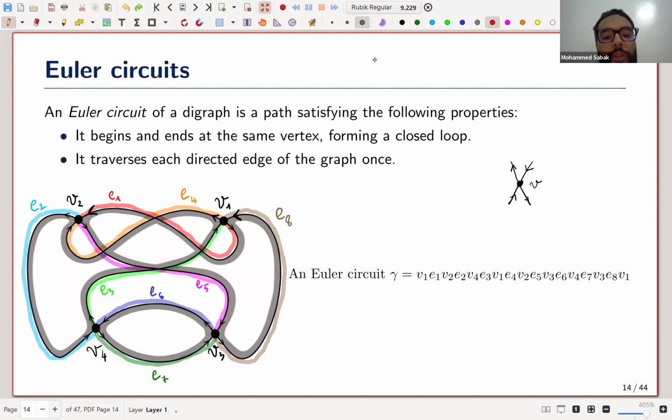No, the directions do not matter, but when you choose a starting point, say V1, then you have your starting point in the sequence. If you change the starting point, it will be just a cyclic permutation of this. So it's commutative?